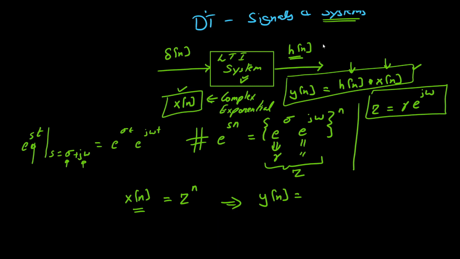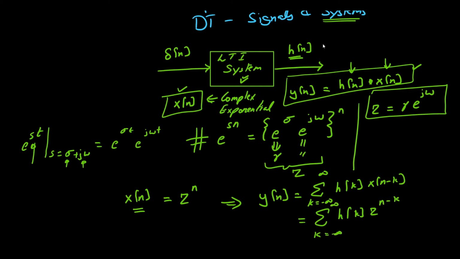So using the convolution sum equation, we have a summation from k equal to minus infinity to infinity h of k x of n minus k. So in the second equality we will plug in the value of x of n, so that is h of k z to the power n minus k, where again the summation is from minus infinity to infinity.